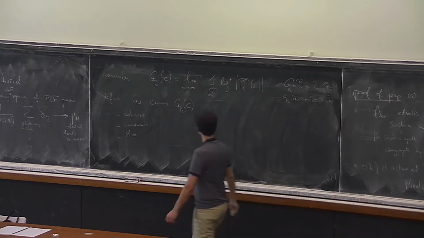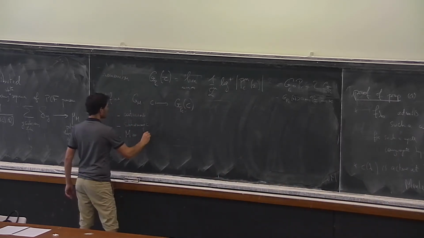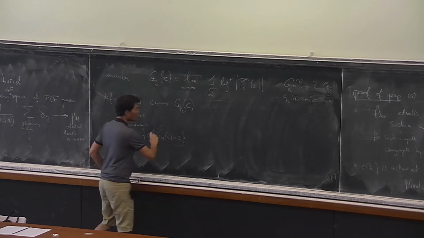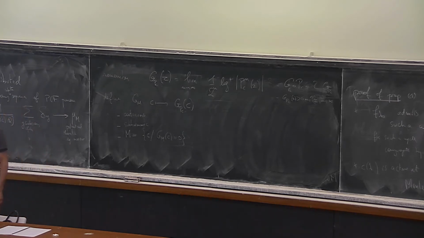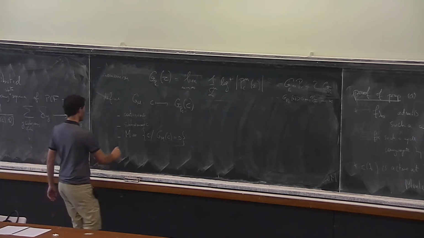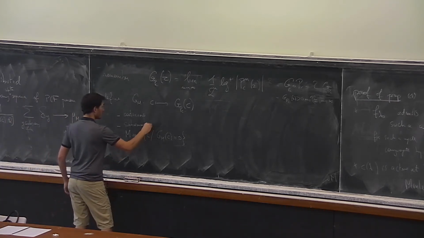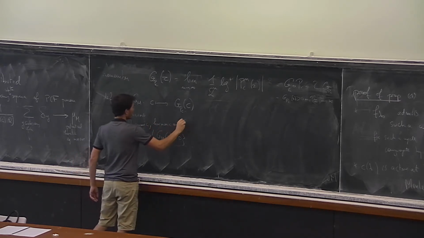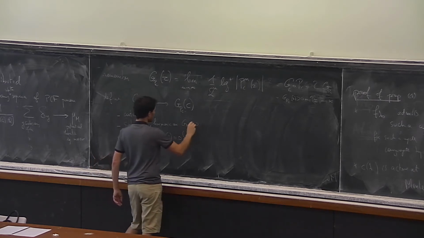So the Mandelbrot set is exactly the set of parameters c such that G_M of c is equal to 0. And also, this function is harmonic on the set of points where it is strictly positive.